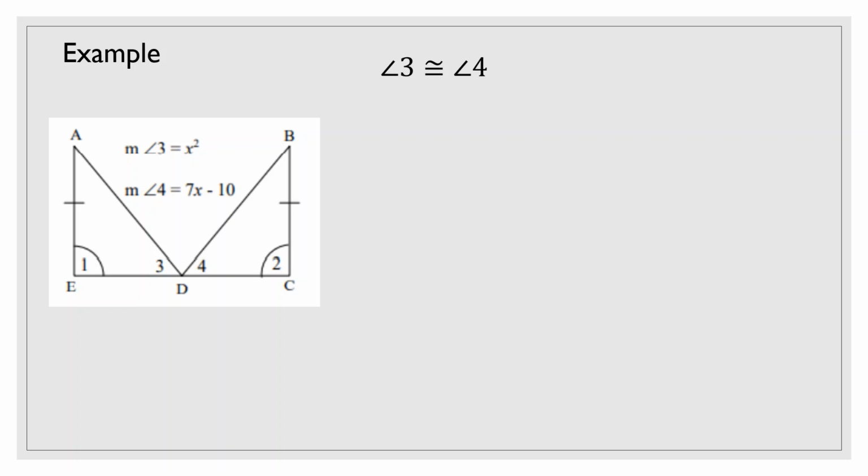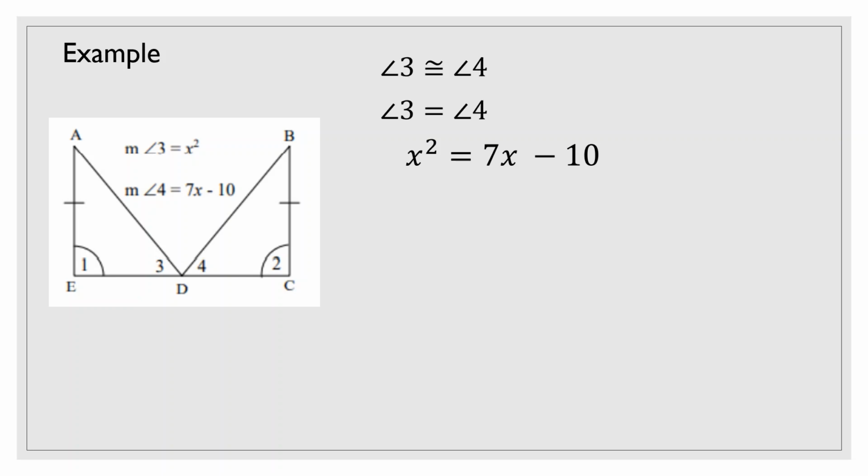If they are congruent, of course, the measurement of these two angles are equal. So, substituting the value of angle 3, which is x squared, and substituting the value of angle 4, which is 7x minus 10, you will come up with the given equation, x squared equals 7x minus 10.